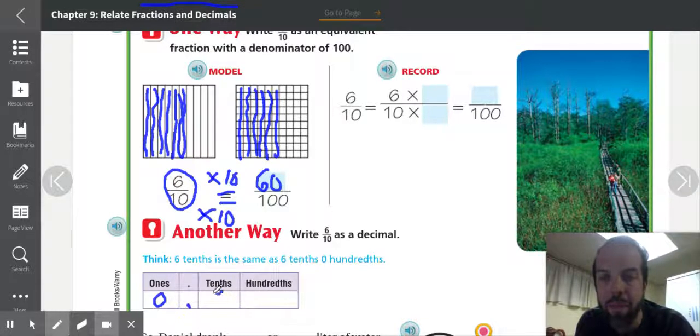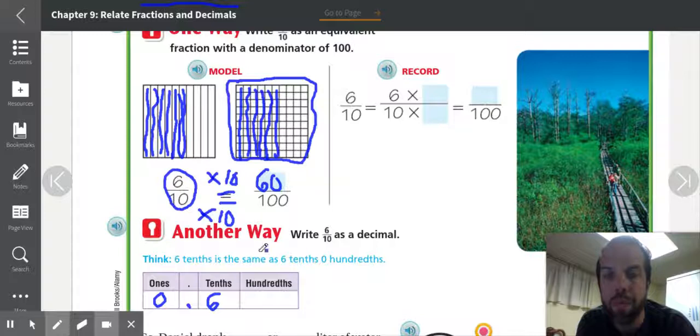Well, I have 6/10. But if they want it as hundredths, I could say, look at this model right here. How many hundredths? If I counted all of them, I would say I have 60.